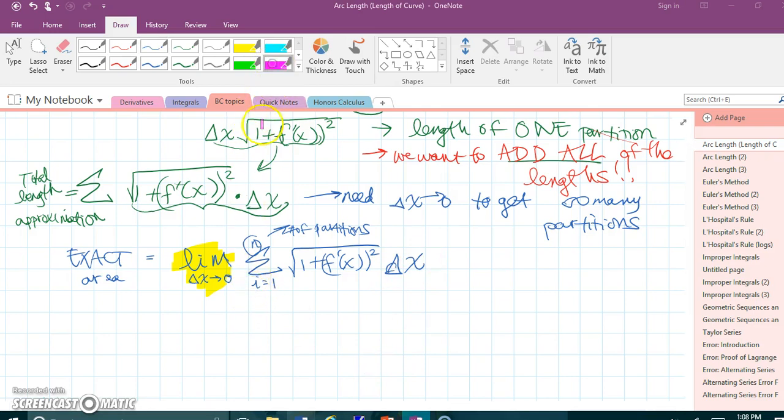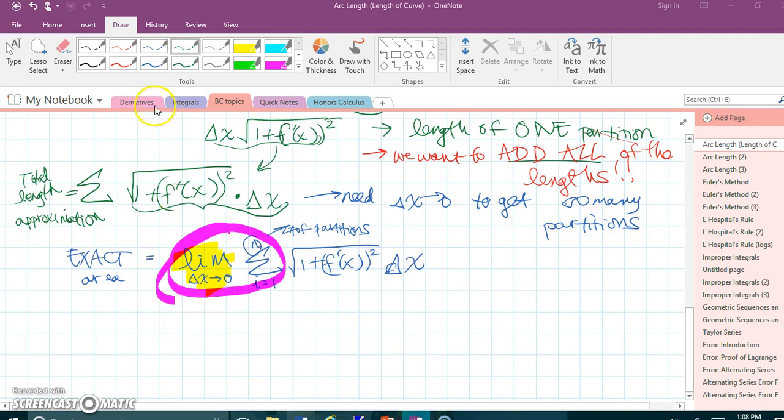Okay, but remember, mathematicians were lazy. They didn't feel like writing this over and over again, so they came up with this integral. And this should look familiar because we've done basically this whole process before with Riemann sums. So I'm going to replace the limit as my widths go to 0 of the sum of all the widths with integral, because integral means add up infinitely many things.